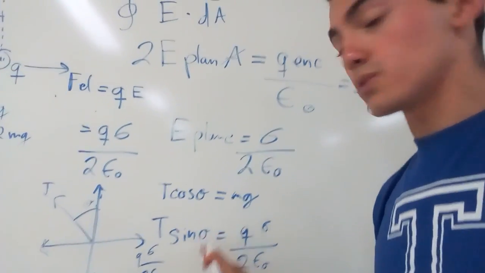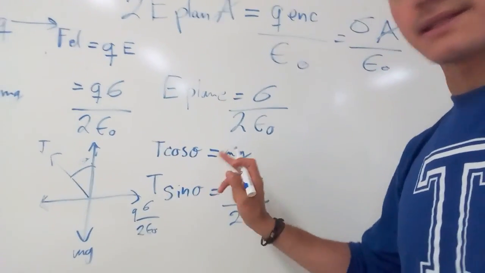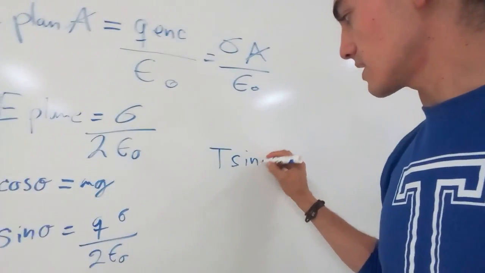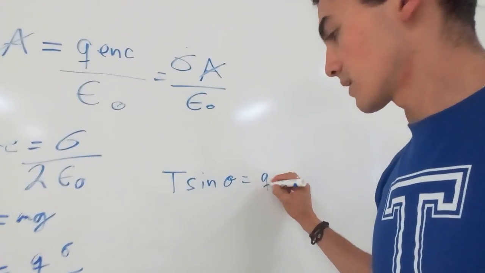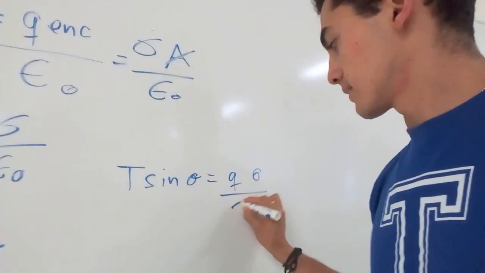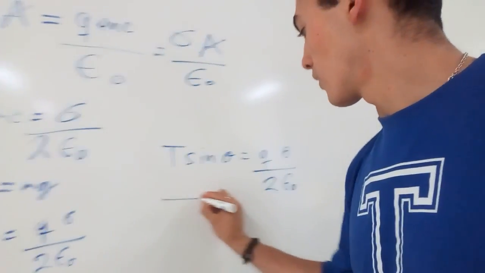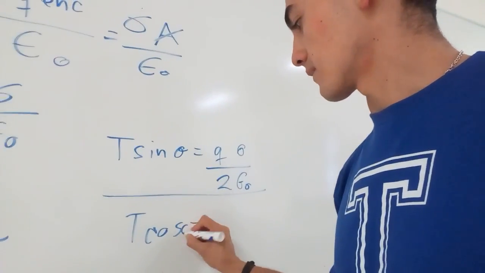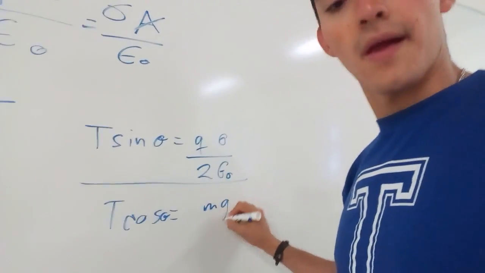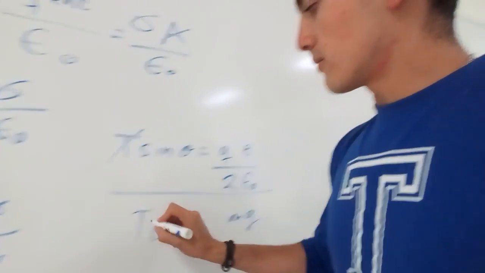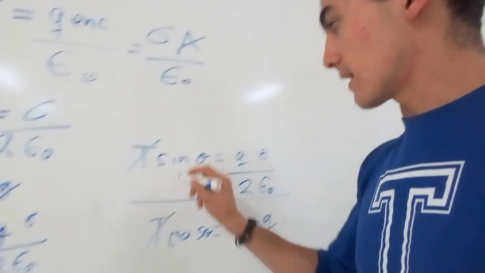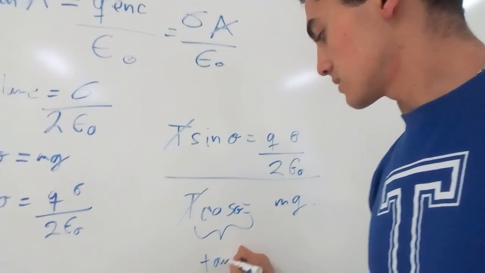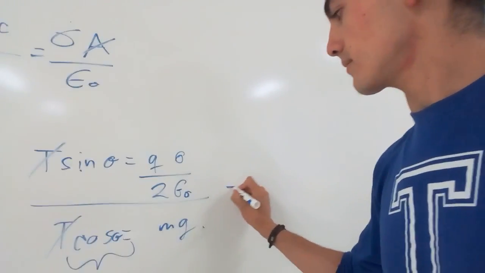So here we have two equations that we can solve by a system of equations. So we can divide them, the tension times the sine over the tension times cosine theta. As we can see, we can cancel the tensions, and sine over cosine is equal to tangent of theta.